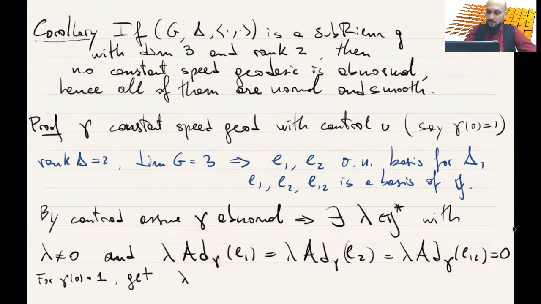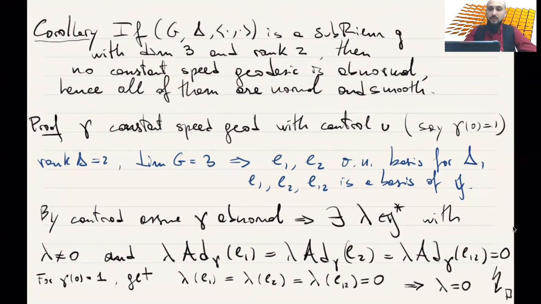So we have lambda of E1 equal to lambda of E2 equal to lambda of E_{1,2} equal to 0. But therefore lambda is 0 on a basis. It has to be 0. This is a contradiction, which concludes the proof of this corollary.